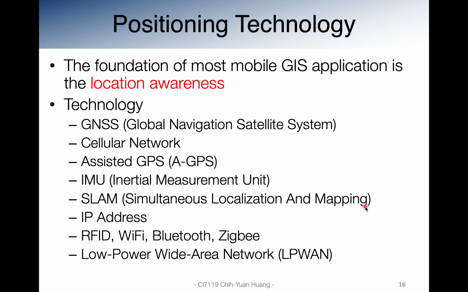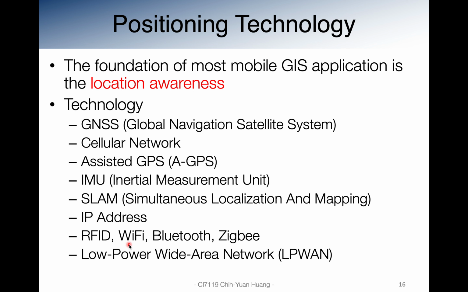Other things are like the IP address, where you can guess the possible region that the device is located in by using its IP address, or by finding out the cellular towers of that device.